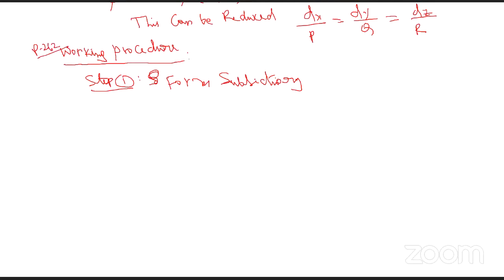Subsidiary equations: dx by P equal to dy by Q equal to dz by R.